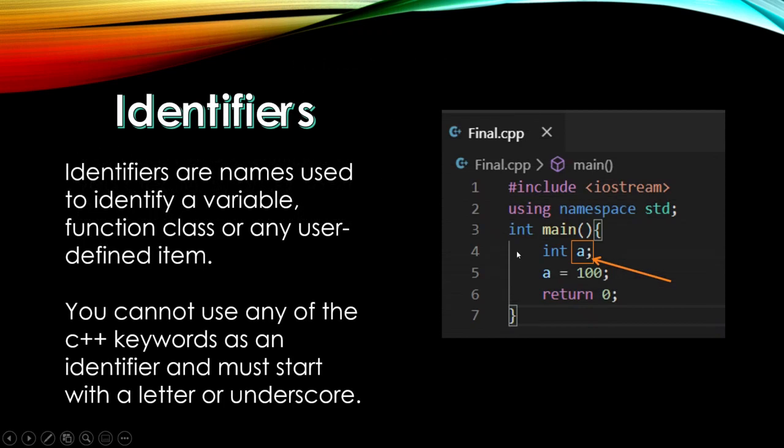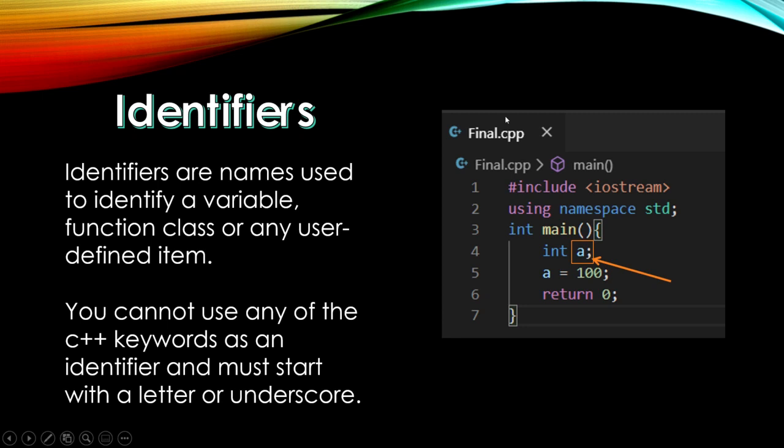Next thing are identifiers. Identifiers are names used to identify a variable, function, class, or any user-defined item. For the identifiers, it's just the name that you want to give your variable. As in the last example, I used A, B, and C, but there's almost anything you can use except for the C++ keywords, which are everything that is a function, everything that already has a value.